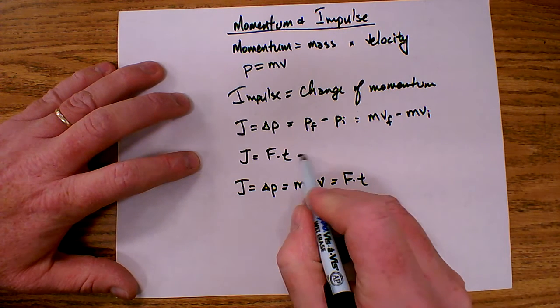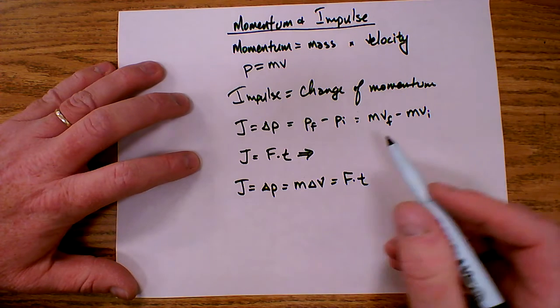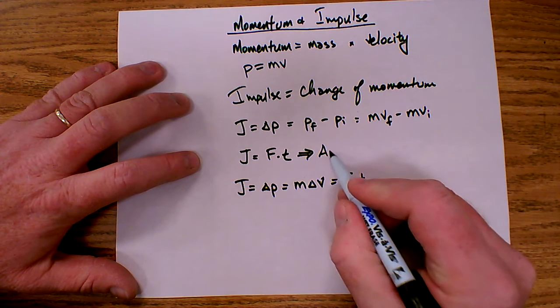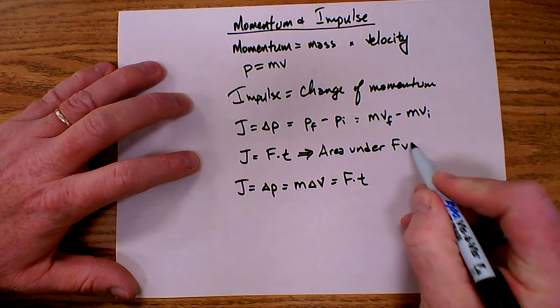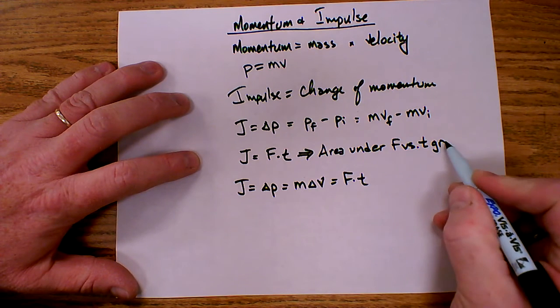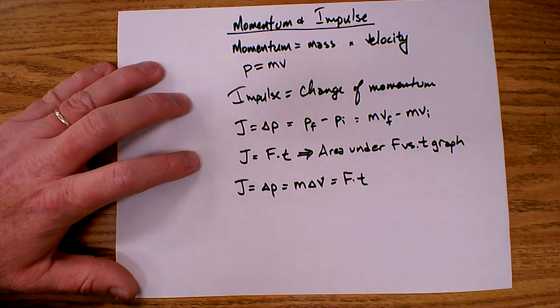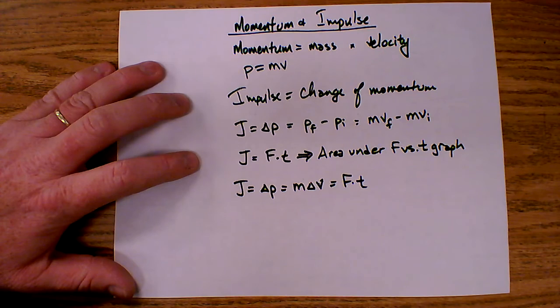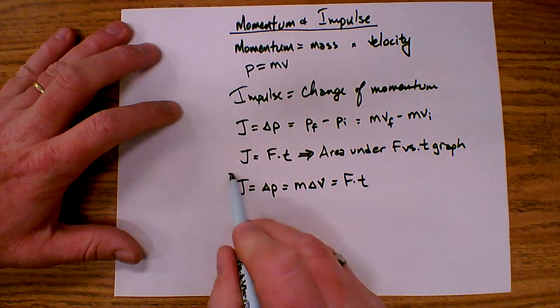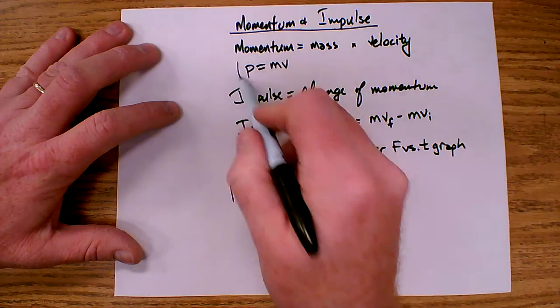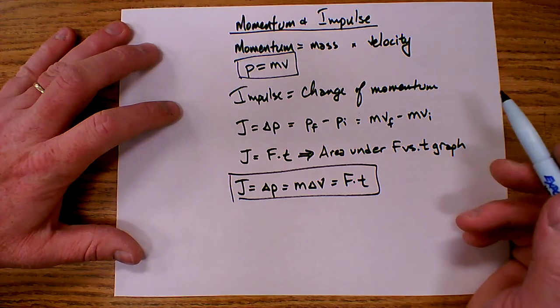And F times t also implies that you can take the area under a force versus time graph to find the impulse, which again is the change in momentum. Good equation to know here.